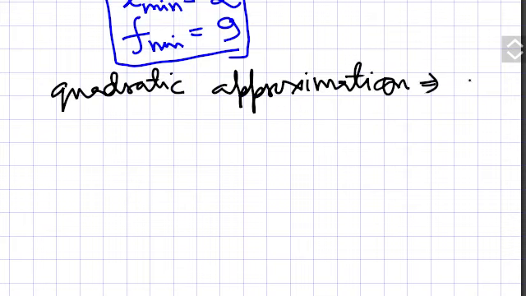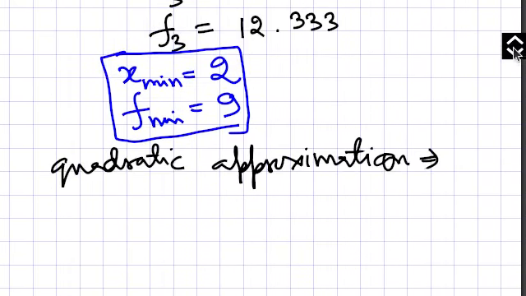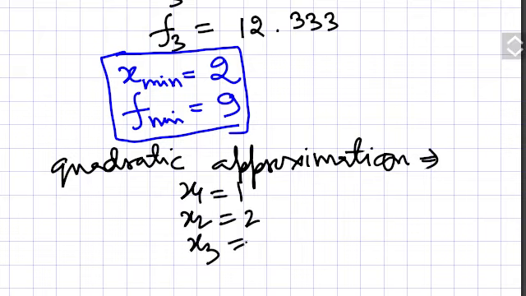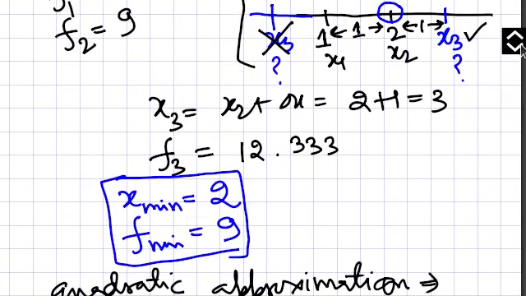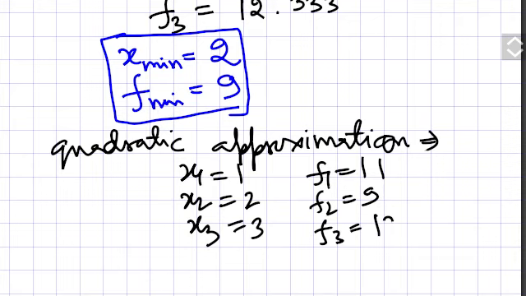That is the main point to understand here. If you apply the quadratic approximation on these points, means the same points x1, x2, x3, that is 1, 2, 3, and the same values of function will be there, that is f1 will be 11, f2 will be 9 and f3 will be 12.33.